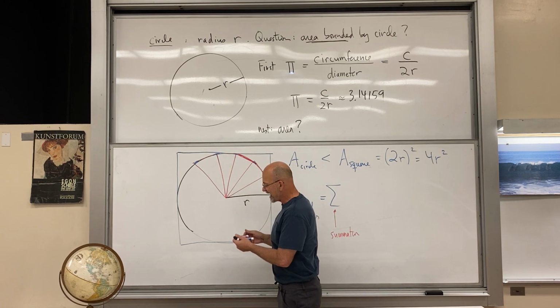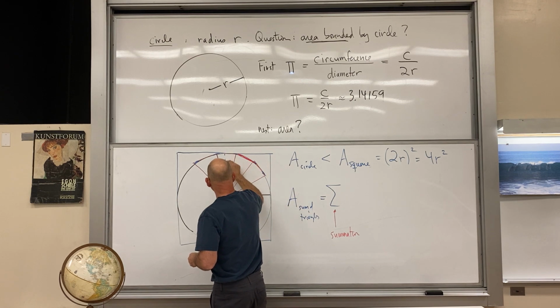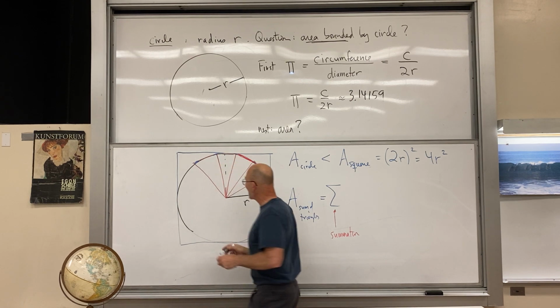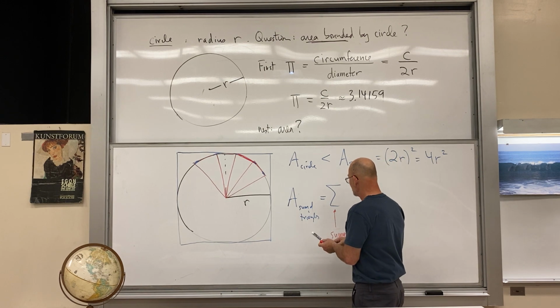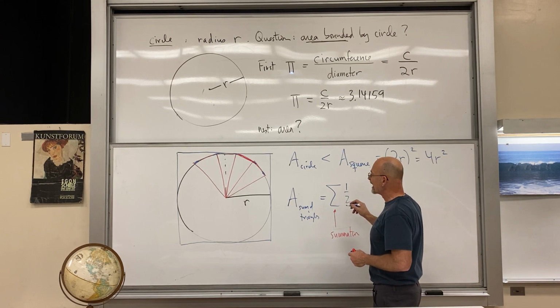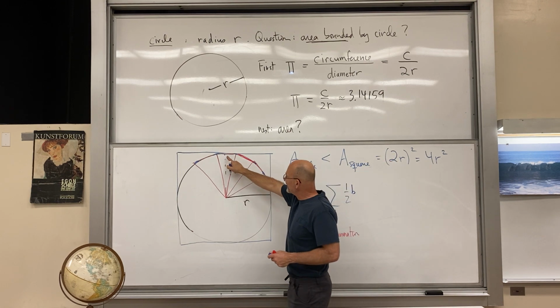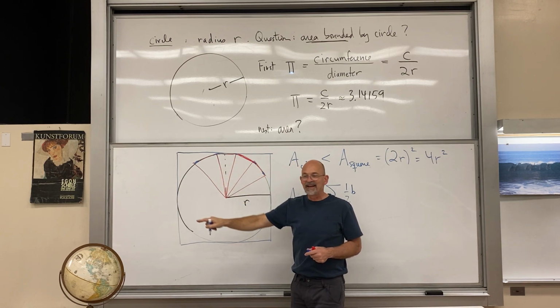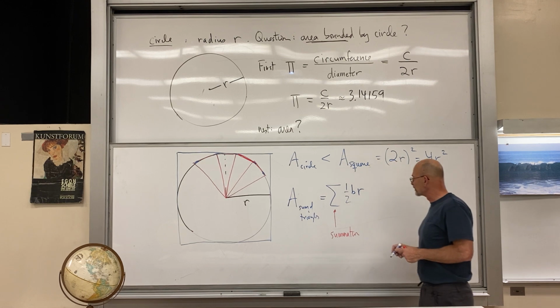They're essentially the same, and they are 1/2 base times height. Okay, so it's the sum of a bunch of 1/2 base times height. But the height of these happens to be exactly the radius. So it's 1/2 the base times the radius of our circle.